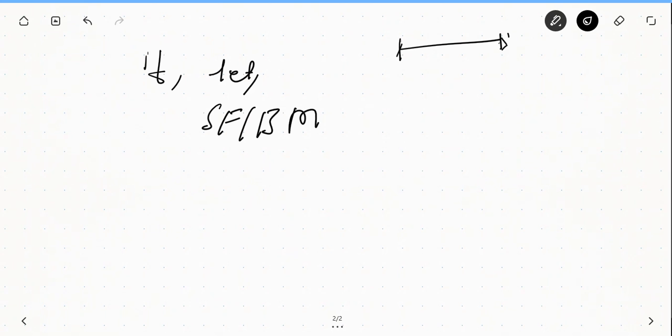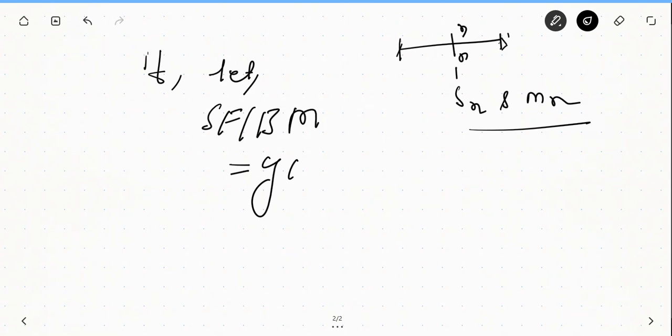For example, let the equation concerning shear force and bending moment at any section. It means let this be the beam, and this be any section xx, and at this section you have written Sx and Mx values. Let it be y of x equals an equation of higher order.